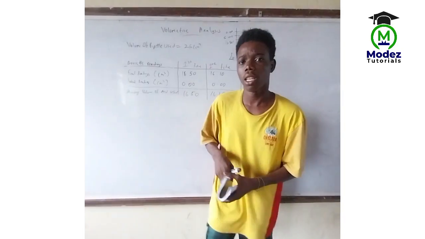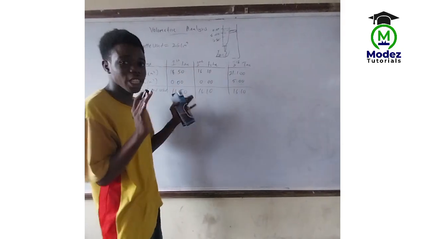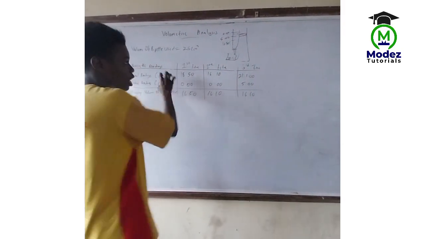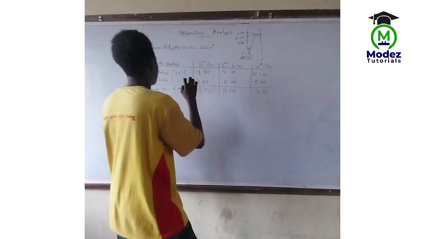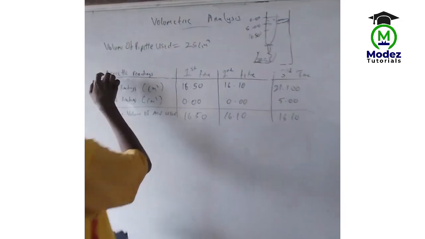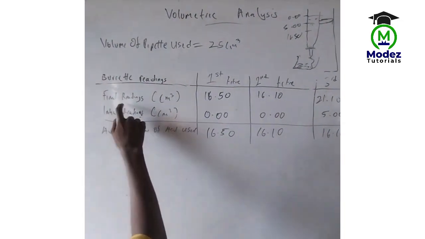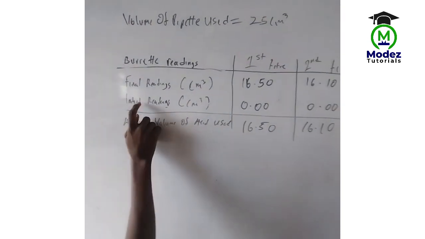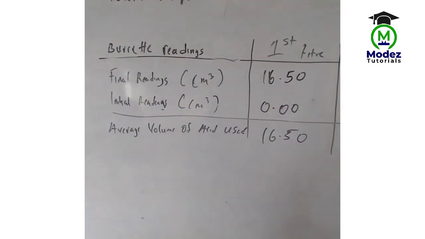So now, when you are tabulating your results, make sure you draw the table. After that, write all this exactly how I wrote it. You put your burette readings, your final readings, and make sure you put it in cm3. Then initial readings, also in cm3.